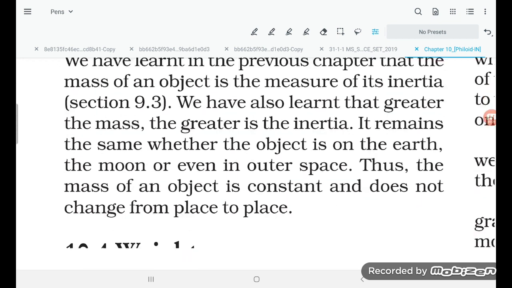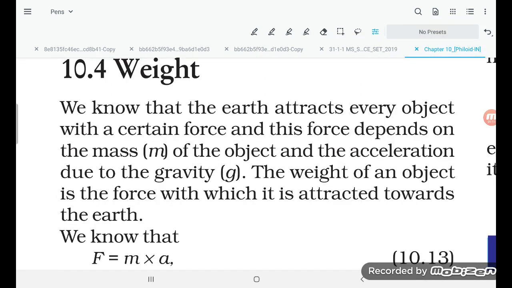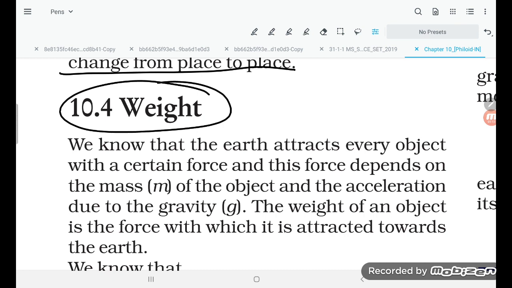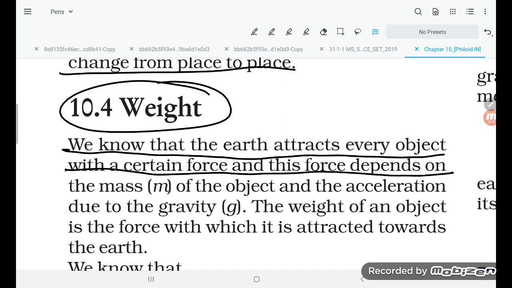Now students, we are going to understand the meaning of weight. We know that the earth attracts every object with a certain force, and this force depends on the mass m of the object and the acceleration due to gravity g.